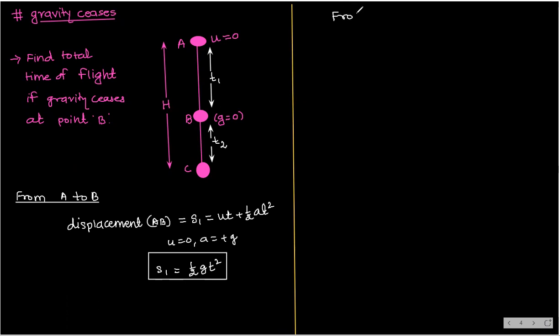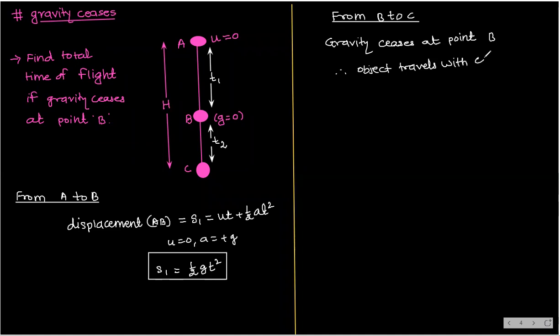Now from B to C, you see, gravity ceases at point B, and therefore the object travels with constant velocity from point B. Okay, because as gravity ceases here, from this point to this point, when the object is coming down, it will come with constant velocity.